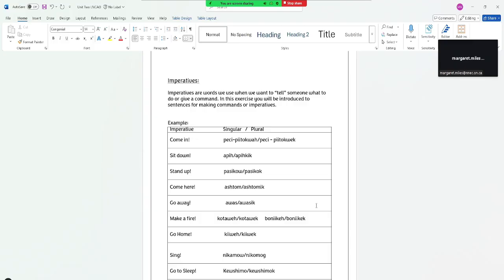Next one, ashtam. Ashtam. Astamik. Singular is ashtam. Plural is astamik. And that means come here. Awas.